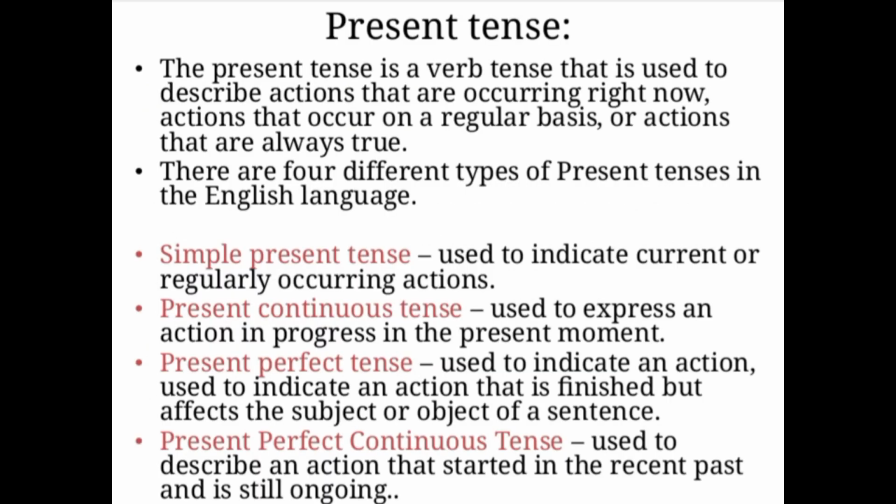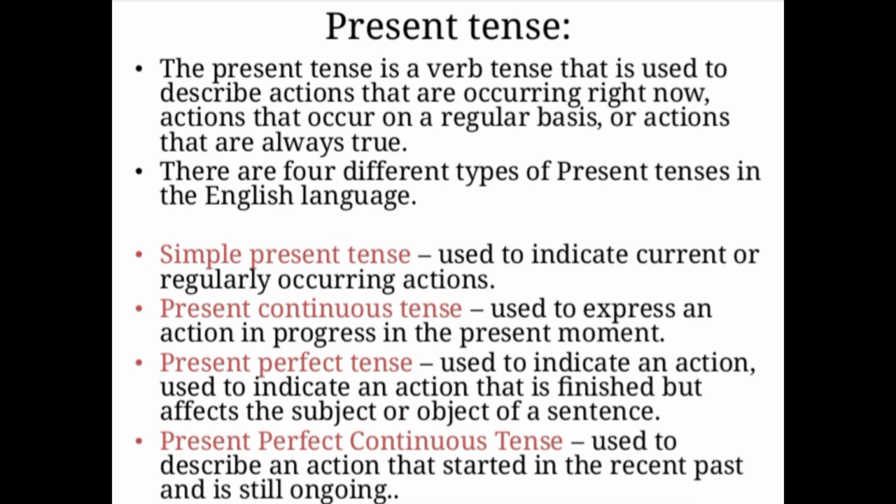See here, we will look at present tense. Present tense is a verb tense that is used to describe actions that are occurring right now, actions that occur on a regular basis, or actions that are always true. We use present tense to tell the actions that are occurring right now, that are happening right now.